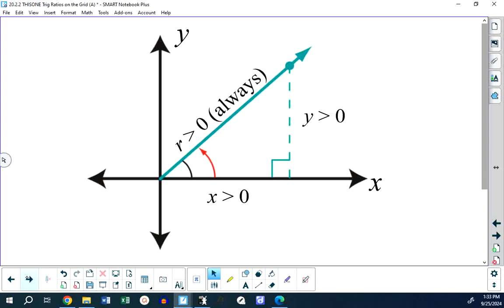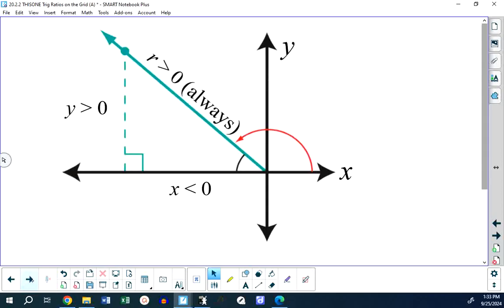If we're talking about quadrant 1, everything is positive, right? If I go to quadrant 2, y is positive, r is positive, and x is negative. So you would use that knowledge to tell me whether tangent's positive or negative. And you would say, well, I know tangent's y over x. If I take a positive divided by a negative, I get negative.